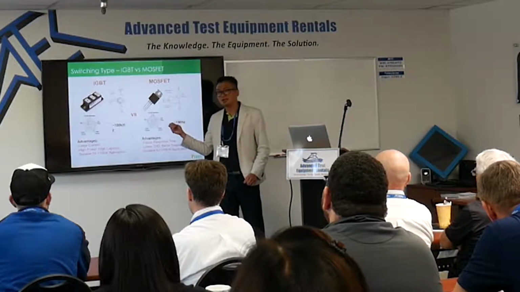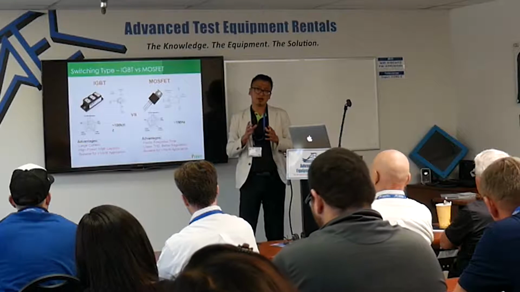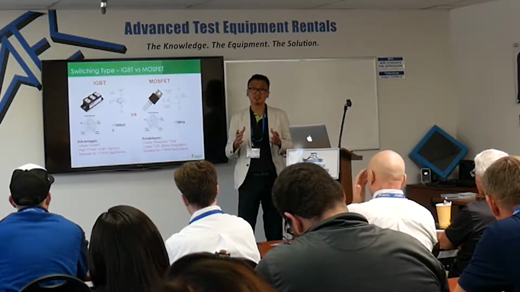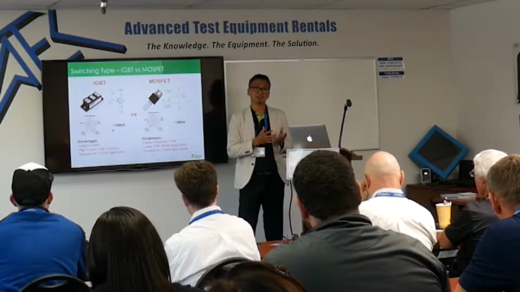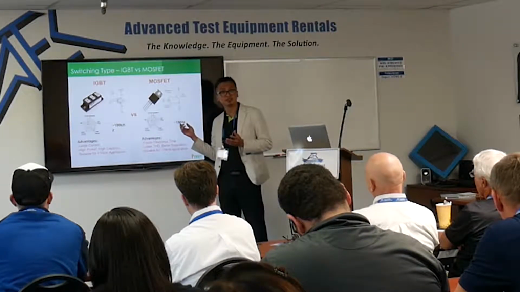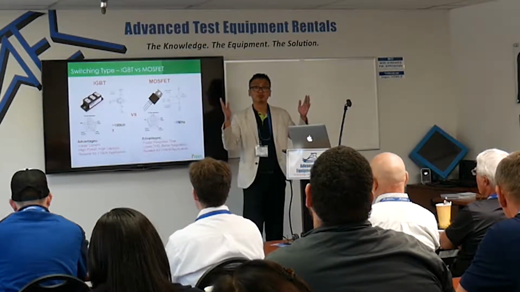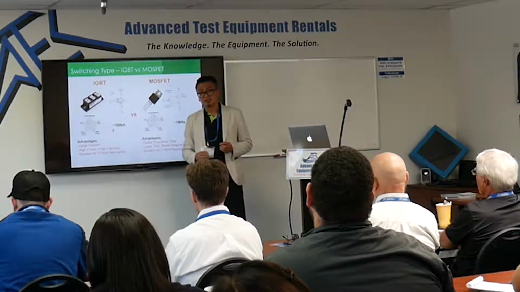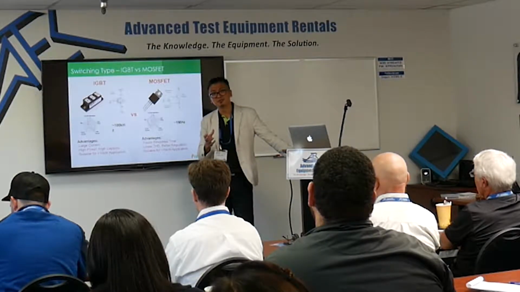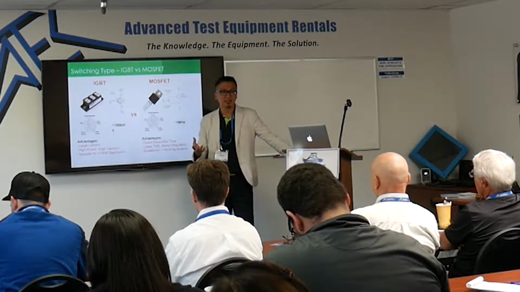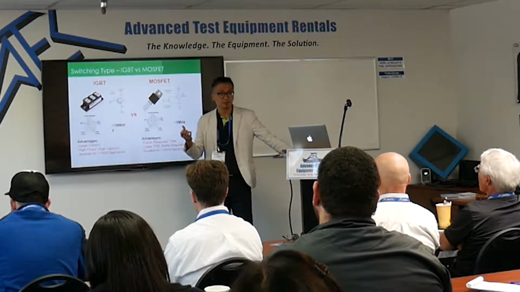If you see some power supply that can reach up to 5 kilohertz, 3 kilohertz, it is usually made with MOSFET, because MOSFET has a higher switching frequency. But IGBT, you say, well, why does everyone use IGBT? It's a lower switching frequency range, but why is everyone still using that? Because it's very robust, and good for higher current applications.